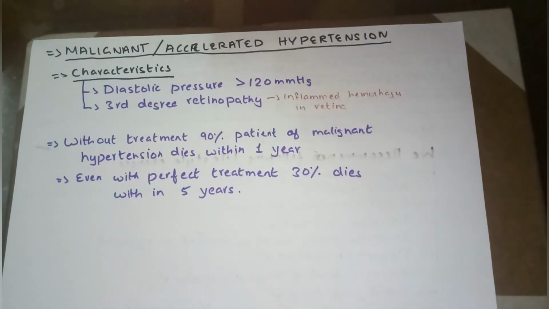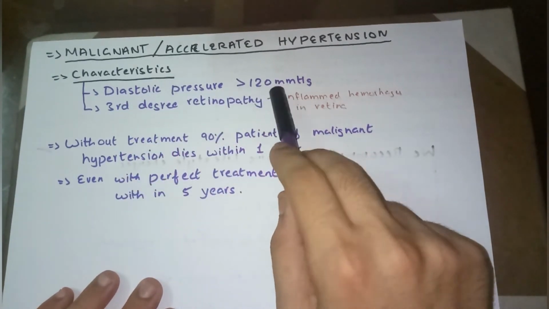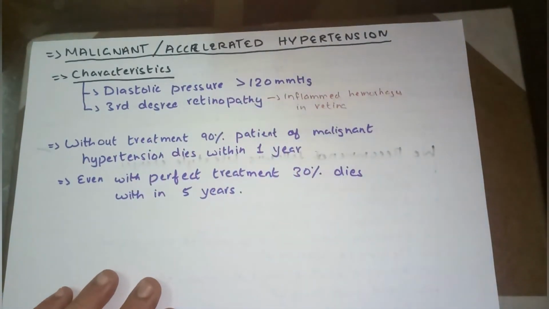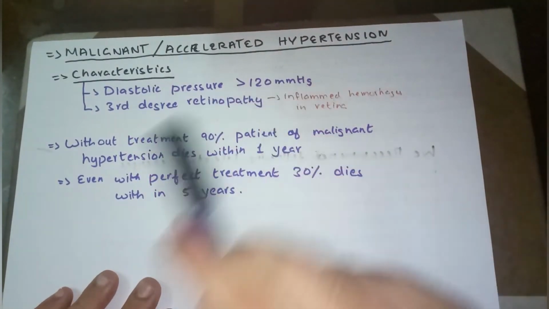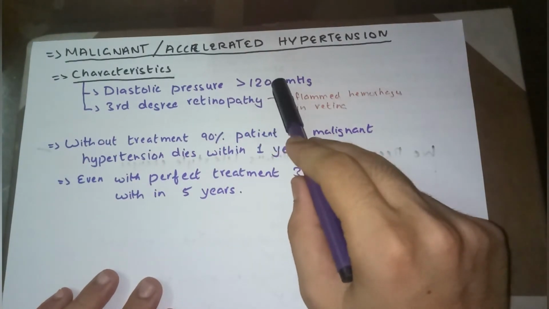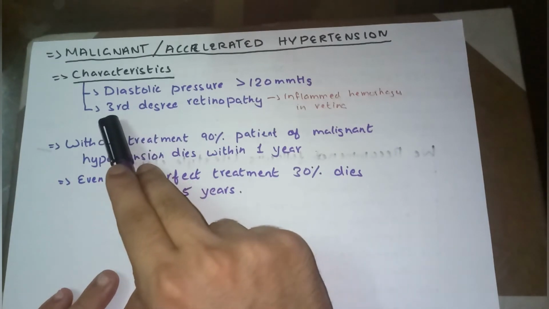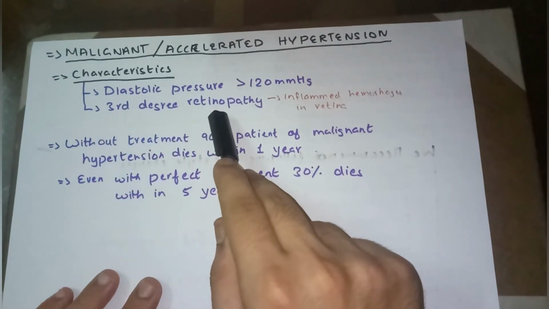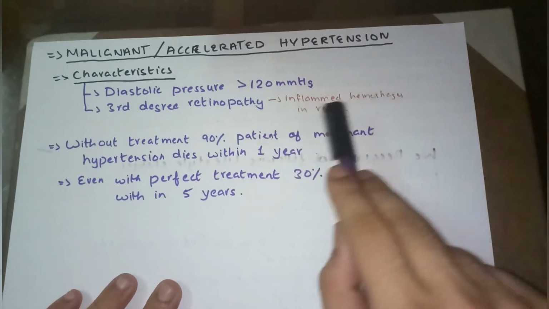The characteristic of this hypertension is diastolic pressure above 120 mm of mercury, that is very high, not the systolic, the diastolic pressure above 120 mm of mercury. If you diagnose someone with diastolic above 120 mm and third degree retinopathy, third degree means that his eyes will have inflamed hemorrhages in the retina.